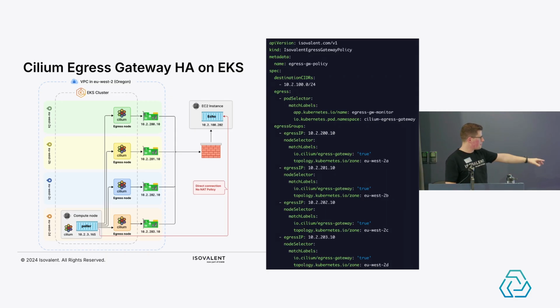In this example, whenever this puller pod tries to connect to this external echo service on an external EC2 instance, it always needs to leave through one of those 4 nodes. So it always gets mapped to one of those specific IPs. You can have multiple IPs per egress gateway node, and you can also have multiple interfaces per egress node. That depends a bit on your overall architecture.